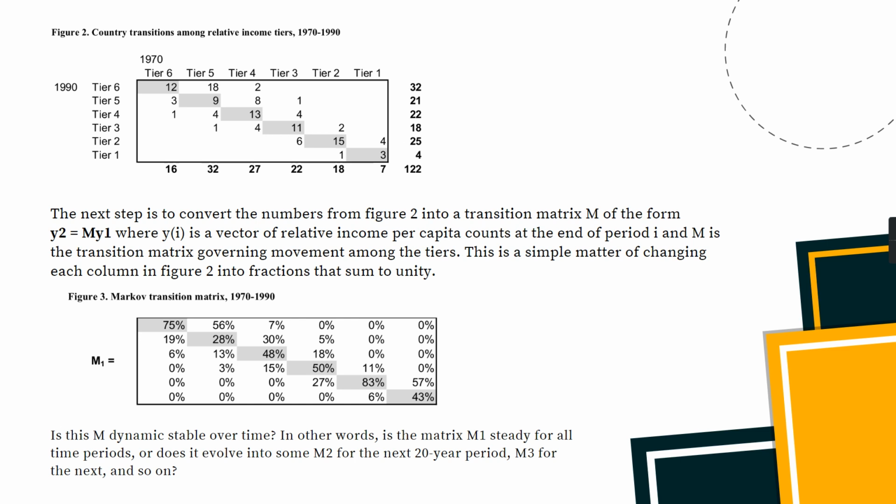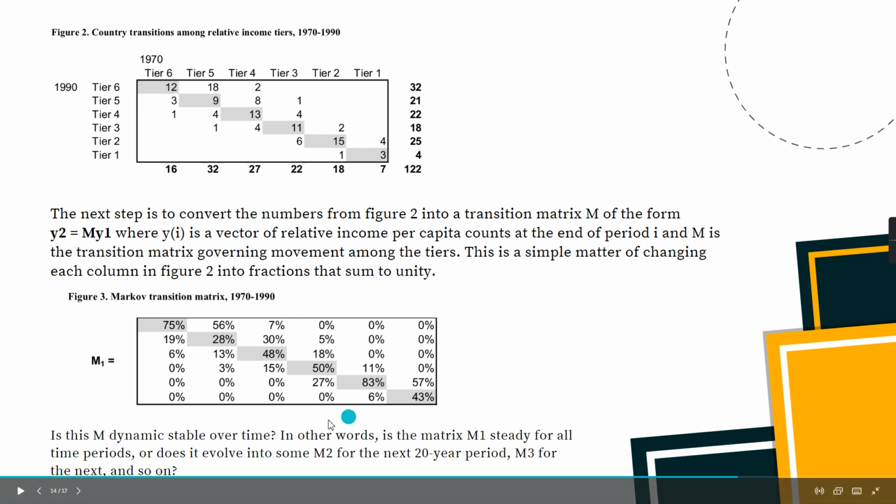So if we calculate the transition matrix from 1970 to 1990 by comparing the transition of individual countries between 1970 and 1990, then we get the following normalized transition matrix.